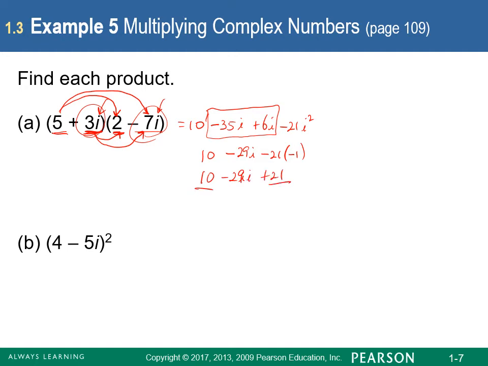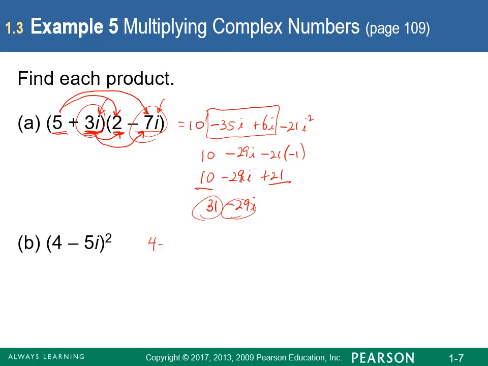And 10 plus 21 would be 31. And that's what our answers should look like, a plus bi.